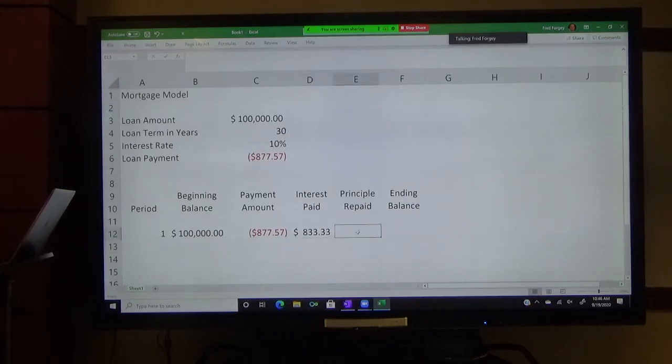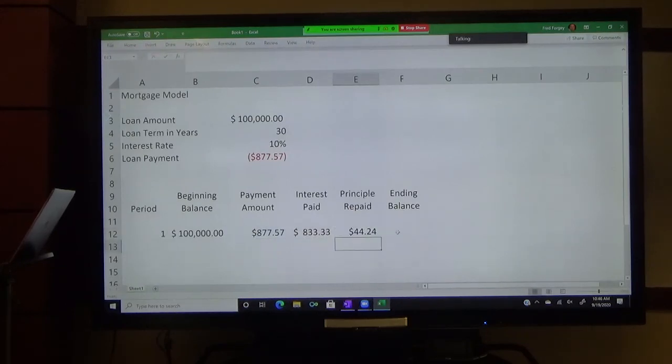And then the principal repaid, we can do this a couple different ways. One, since that's a negative number, add it to the other, or we could make the 877.57 a positive number. Then it would make more sense to do basically that minus the interest paid.